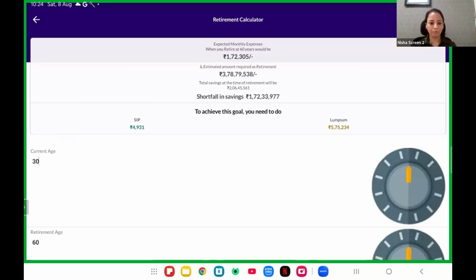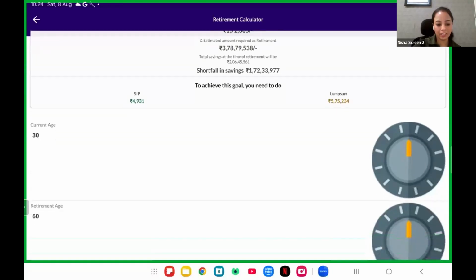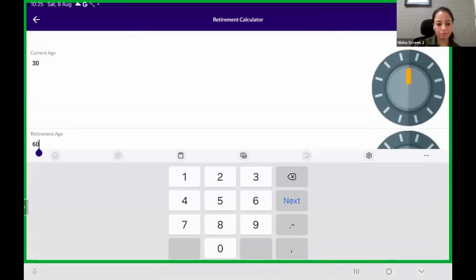Let's say person A, his current age is 30 and his retirement age is 60, and his current monthly expenses are 50,000. We are expecting the inflation rate to be 7%.